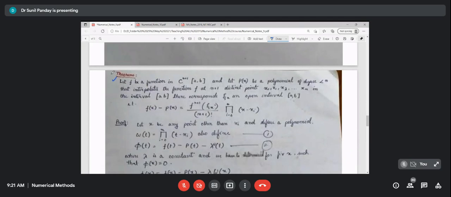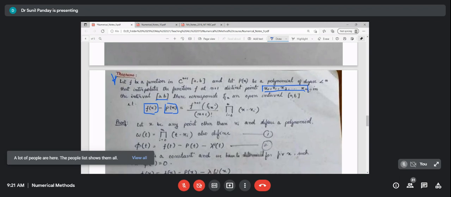Now we have another theorem. If we have n plus 1 data points in the interval AB, and p(x) is the approximating polynomial of degree n and f(x) is the actual function, so here f(x) is the actual function and p(x) is the approximating polynomial that best fits these n plus 1 data points, then the difference is the actual error.